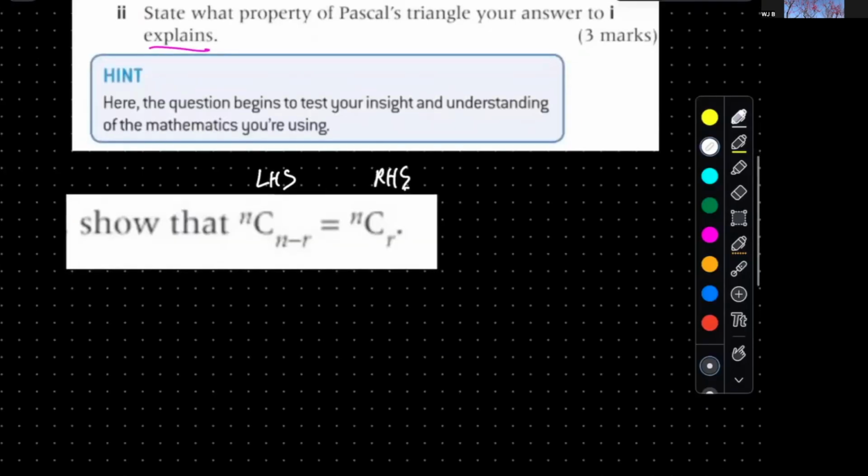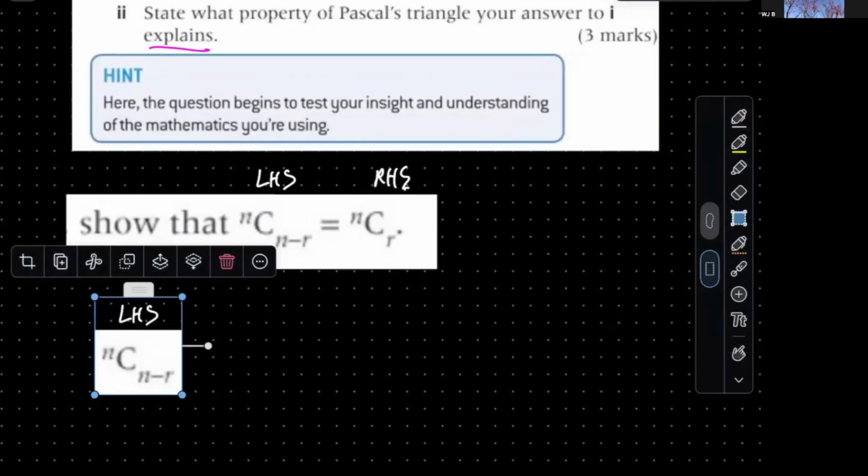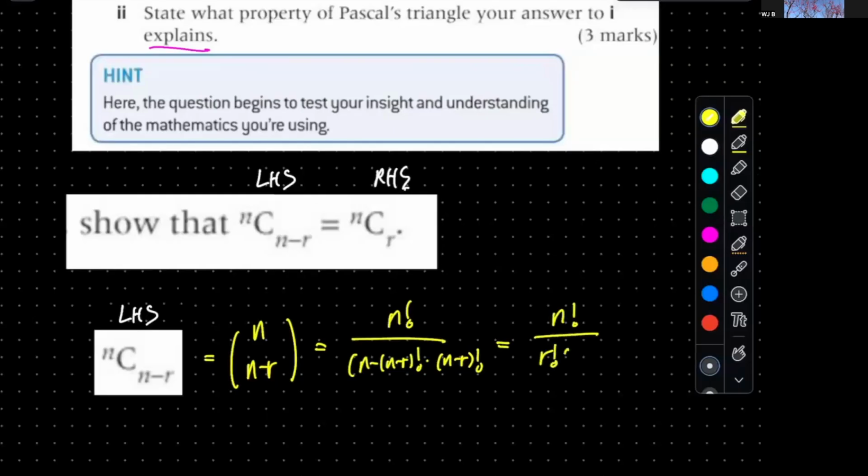Whenever you're proving, I can start with the left hand side, which is going to be n choose n minus r, which is n factorial over n minus r factorial times n minus r factorial, which is the same as n factorial over r factorial times n minus r factorial. That's what we have.